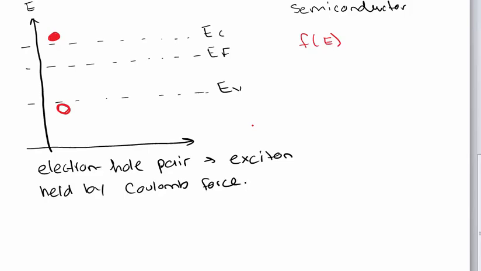Okay, and this electron hole pair is very, very similar to our hydrogen atom, where we have a positive charge, just like the hydrogen nucleus, proton, and a negative charge, just like the hydrogen electron.